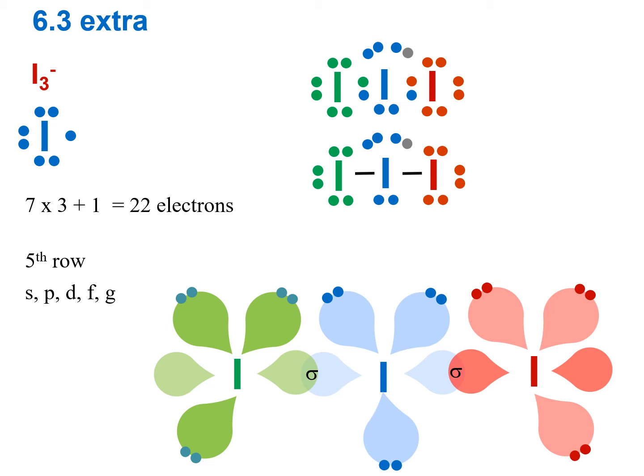Well, if we look at the terminal iodines, we can pretty much guess that the lone pairs of electrons are going to be occupying the higher energy p orbitals. So let's just drop that in, 5p x, y, and z. And the same thing would be true for the green one, but I didn't do that animation.